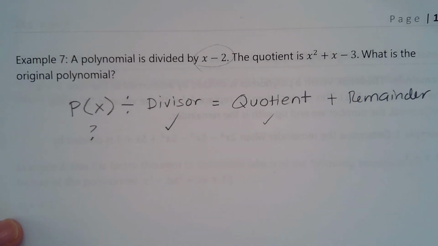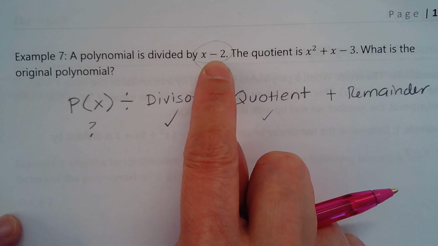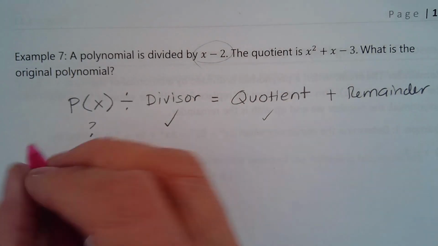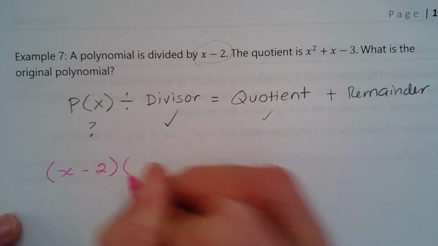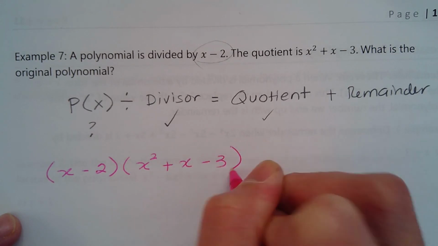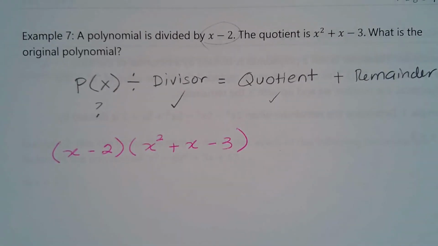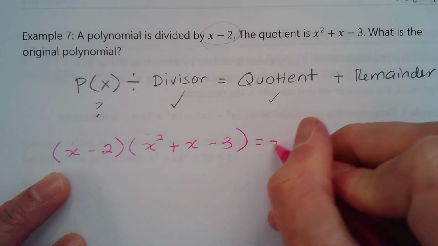Perfect. I like how you're using the right terminology. Multiply the divisor with the quotient. Yeah, so let's do that. The divisor is x minus 2, times the quotient. Okay, so let's multiply that out and see what answer we get. So x times x squared gives us x cubed.